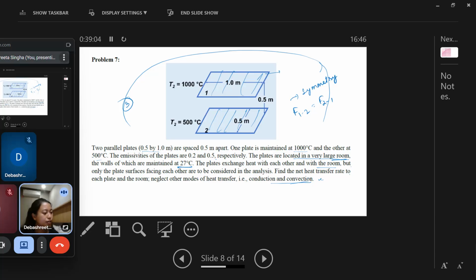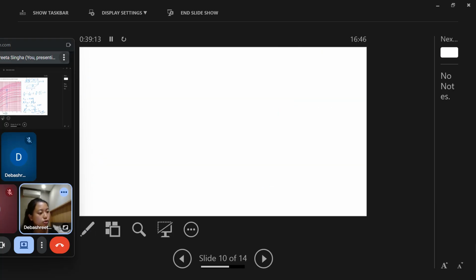Now what they have asked is to find the net heat transfer rate to each plate and the room. So in such a situation, we can draw the resistance diagram, since there are more than two surfaces.